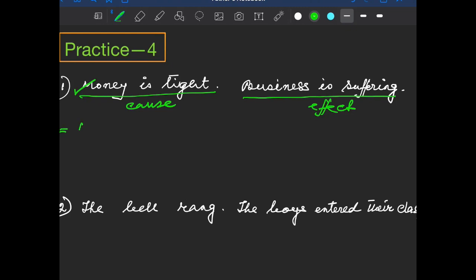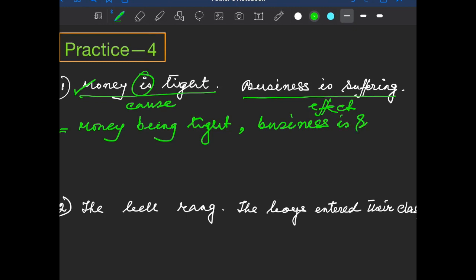See, money being, be verb is there for this, being tight, money being tight, comma, keep this part as it is, business is suffering. Okay, money being tight, business is suffering.